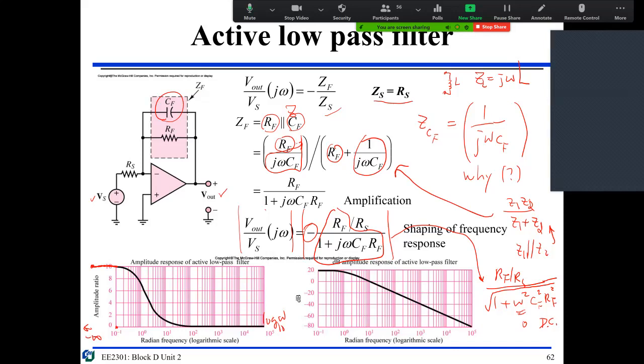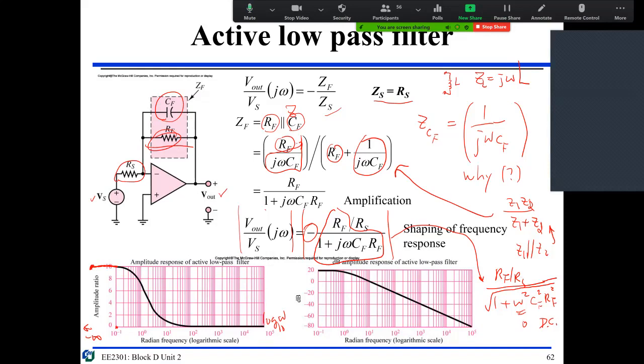But anyway, when omega is 0, what's left is RF divided by RS, when it's DC.